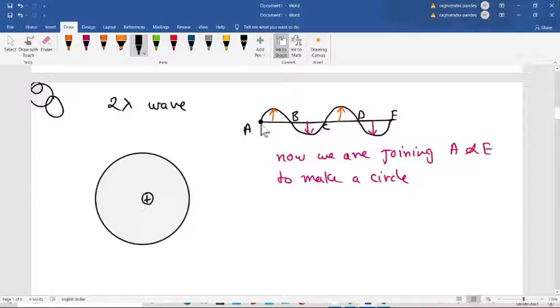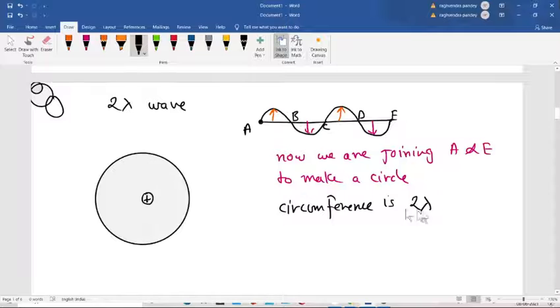Now how many points are there? See, this is A to B, B to C, C to D, and D to E. So the total circumference is 2 lambda. How many divisions do we have? 1 division, 2, 3, and 4.